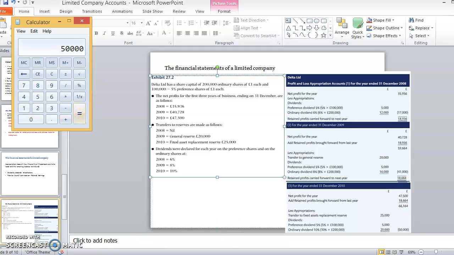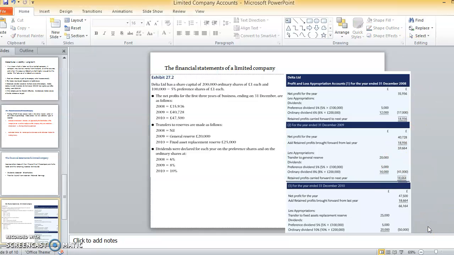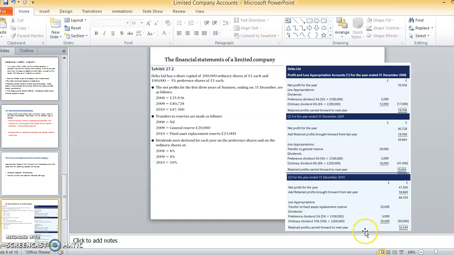So total 50,000 has been used this year out of your 66,164. 66,164 minus 50,000 gives you 16,164 left as your retained earnings carried forward to next year.